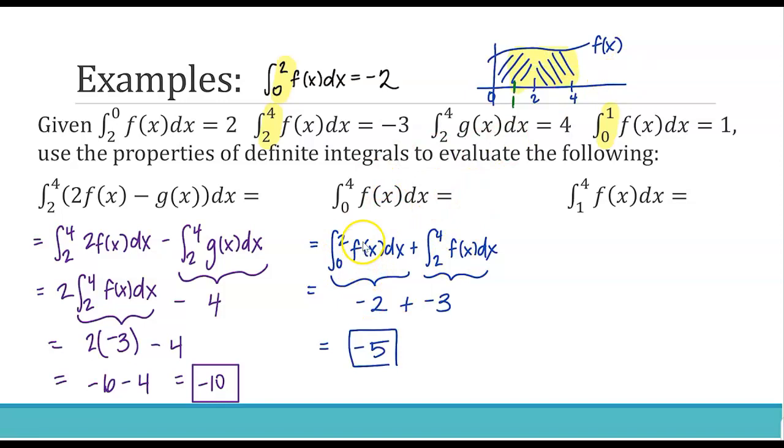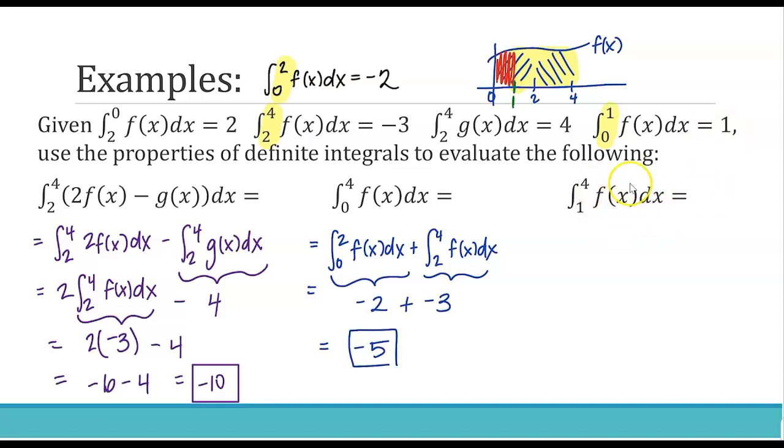Well, in the previous part, I found all the area from 0 to 4, so I have all of this, but what I would need to remove is this chunk right here. I want to get rid of everything from 0 to 1, and I only want to be left with everything from 1 to 4. Well, we have that information. We know that the area from 0 to 1 happens to be 1.